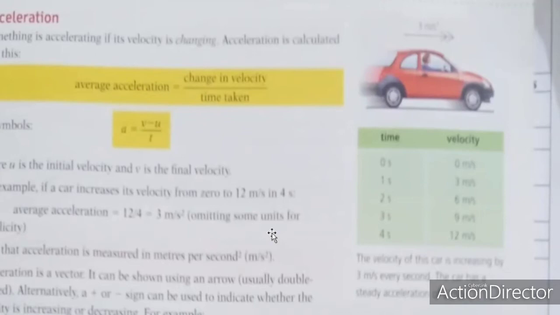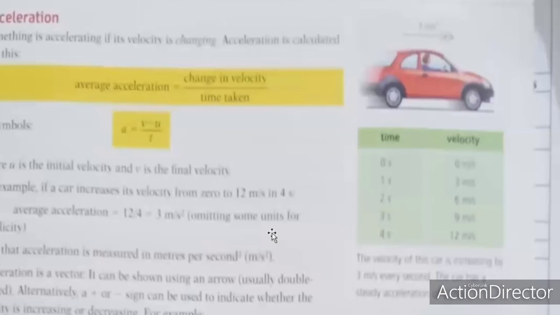It is (12 - 0) / 4. 12 minus 0 is 12, and 12 divided by 4 is 3 meters per second.